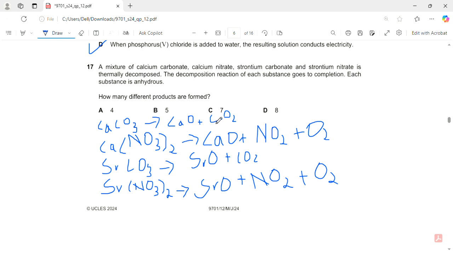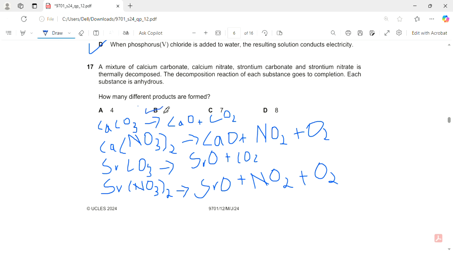I'm not counting this again because I have found it already: one, two, three, four, five. Yes, five, because we already counted NO2 and CO2. So five is the right answer.